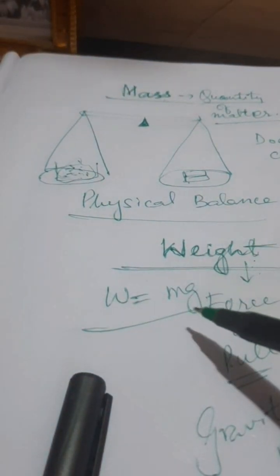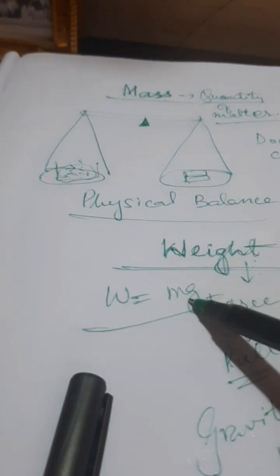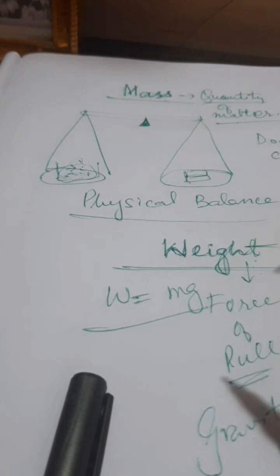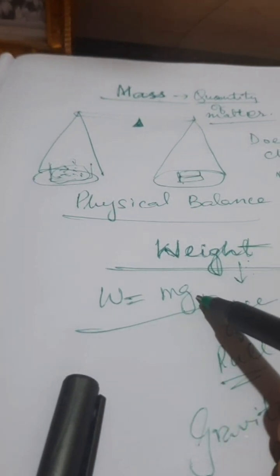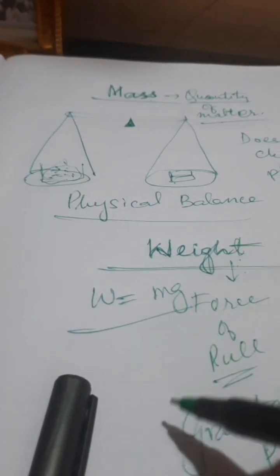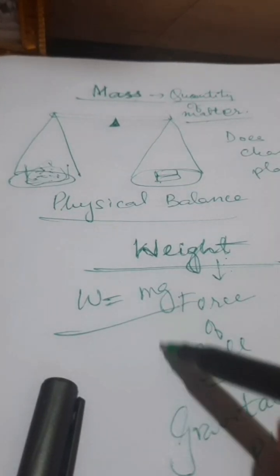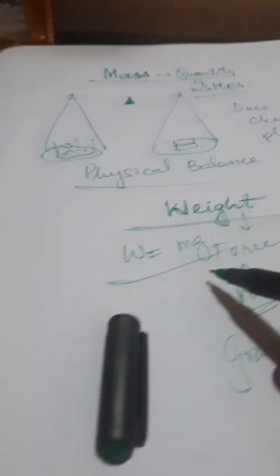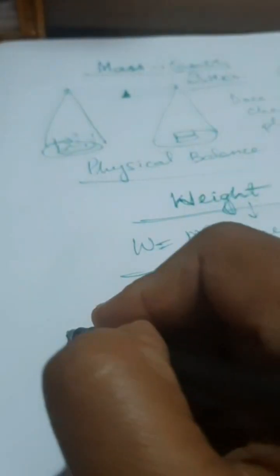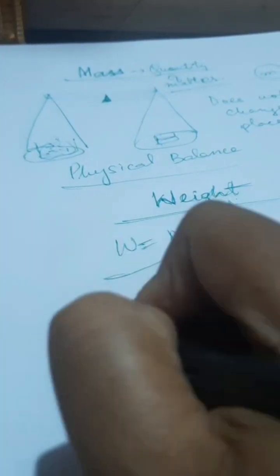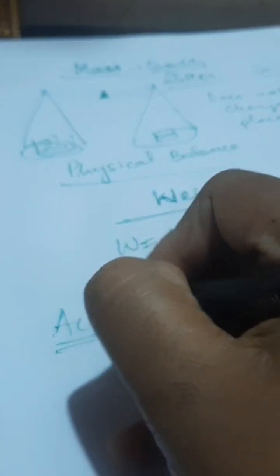The weight of the object is m into g. What is g? g is the acceleration due to gravity. At this preliminary stage in class 6, you have very little knowledge of acceleration, I know that. But I can give you a very small idea of acceleration.